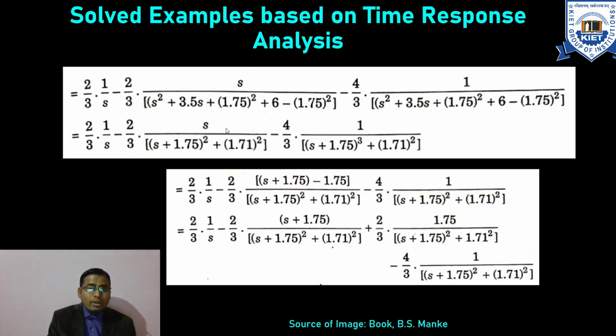Now if you simplify the last two terms, 6 minus 1.75 square, then we will get the overall function as (s plus 1.75) square, that is a square plus b square plus twice ab, and the last one, 1.75 square, whole square is available. This is the hit and trial method, and after simplification we are getting this one.